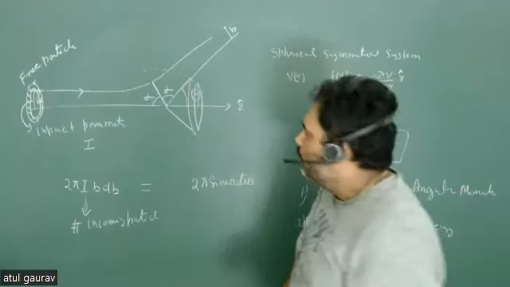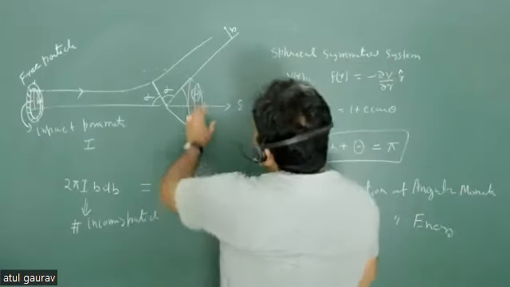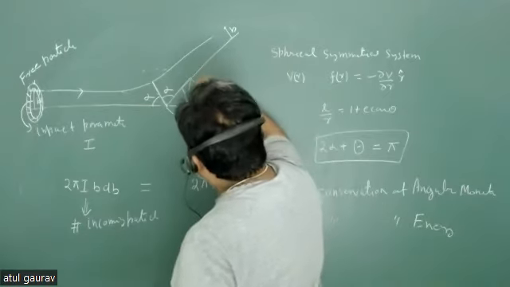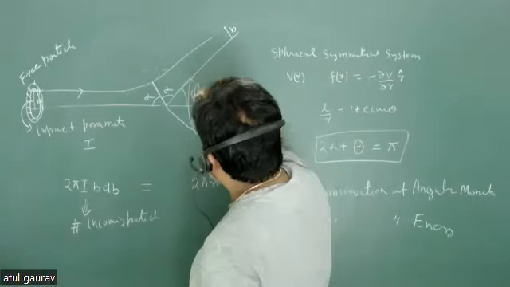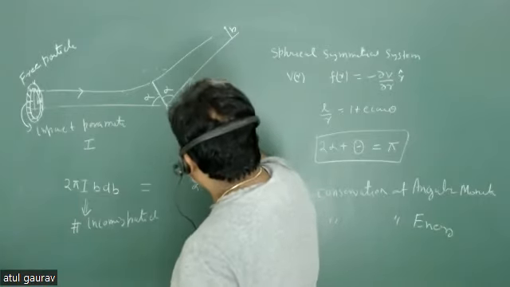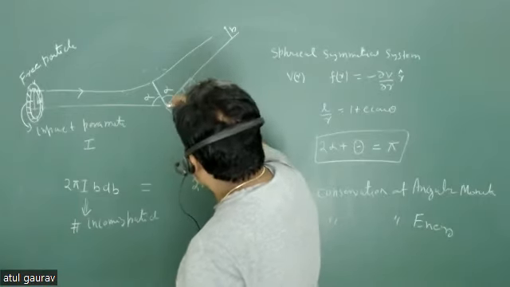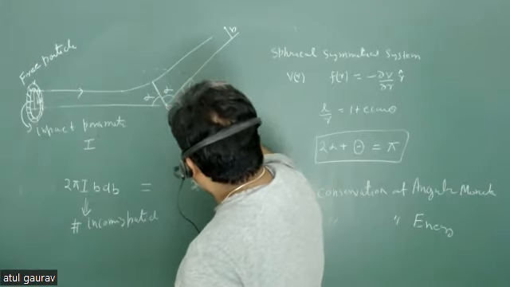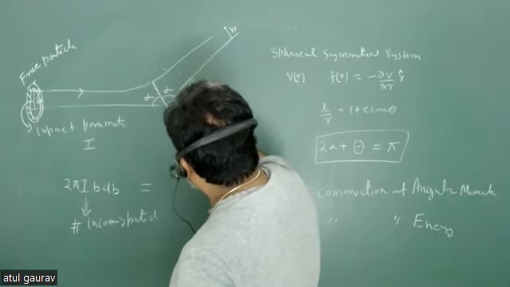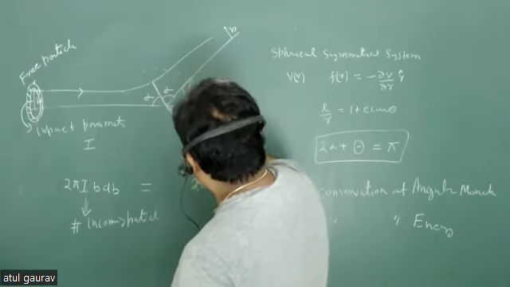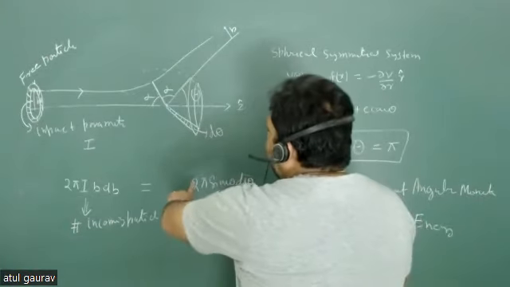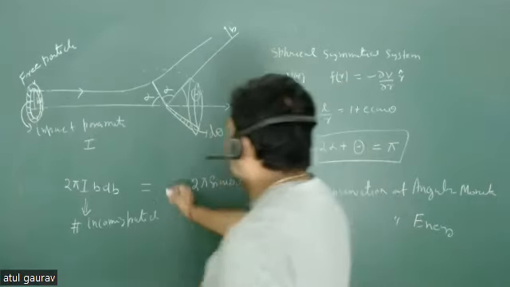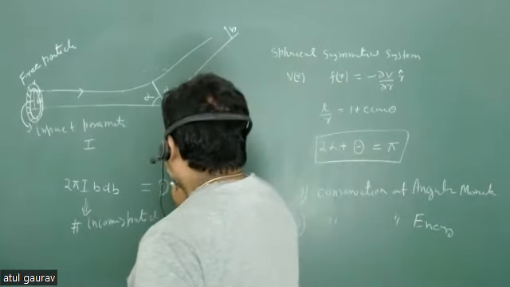We just want to see how many particles are coming between angle theta and theta plus d theta. So you can easily make this your theta and this will be your d theta. So this is your solid angle. If we are multiplying with the area, and that area is identified as what?